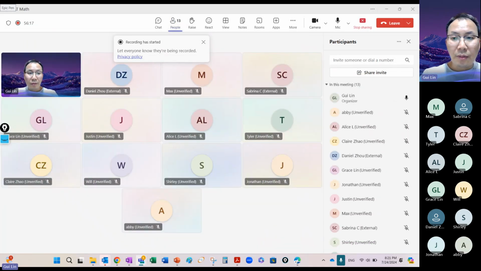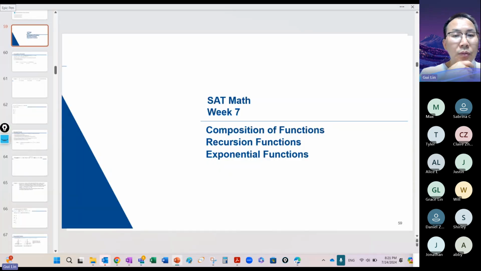All right. So let's move on. Second section. New topic. This week, I want to talk a little bit deeper about functions.